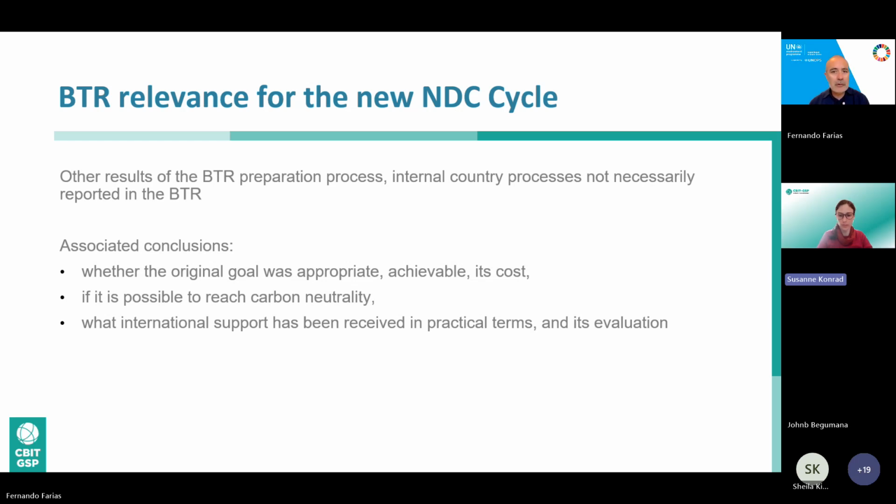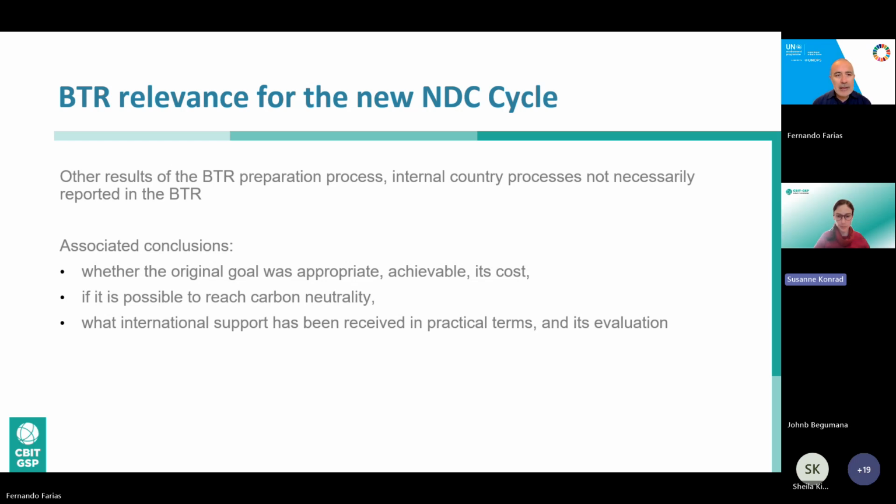It's also important in terms of learning how far countries are from reaching carbon neutrality. This is an element of the Paris Agreement that some countries are working on, preparing long-term strategies and eventually reaching carbon neutrality, but with information from the BTR, this conversation will probably be much richer in terms of good data.